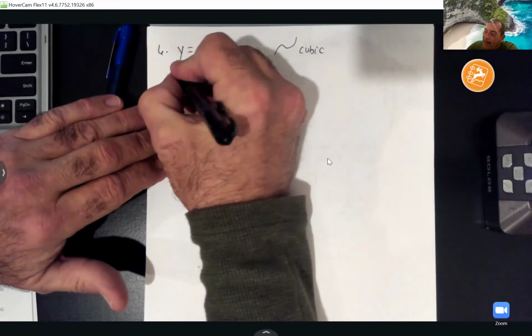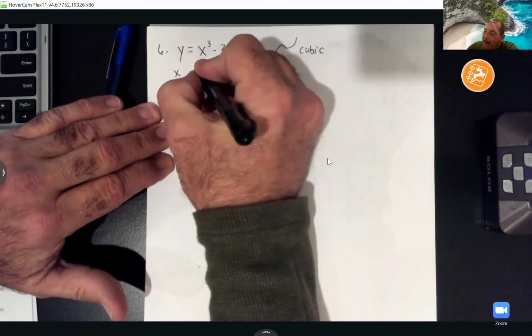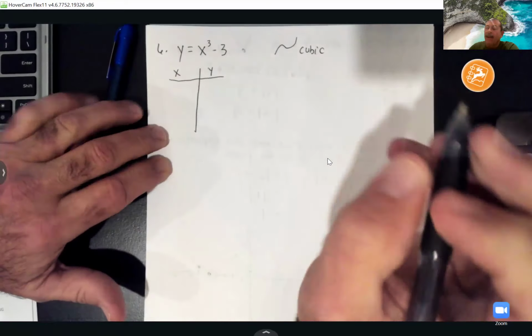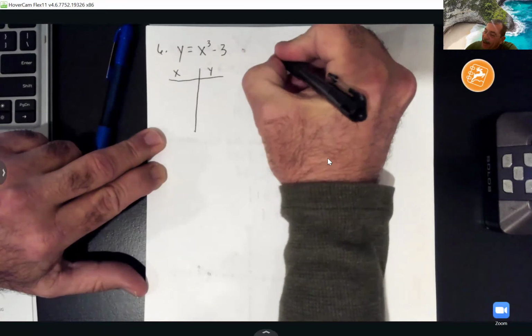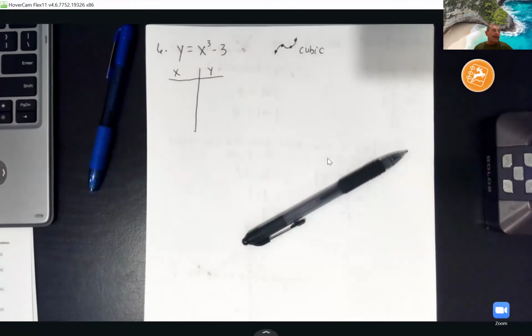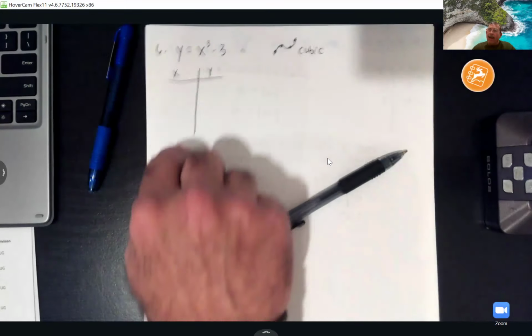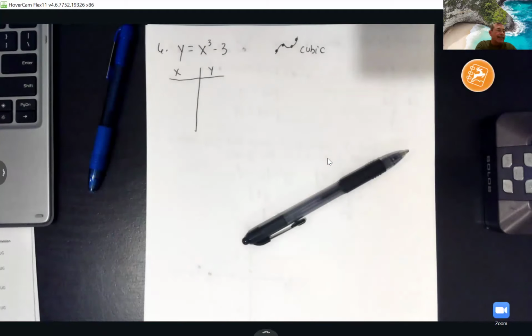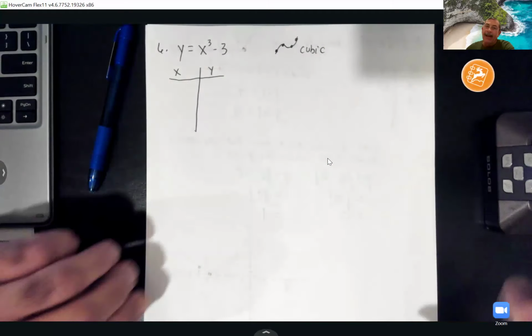Now, the thing about this one, y'all, it's got 4 points on it. And since it's got 4 points, we're going to have to figure out 4 x values that we can put into this and graph.